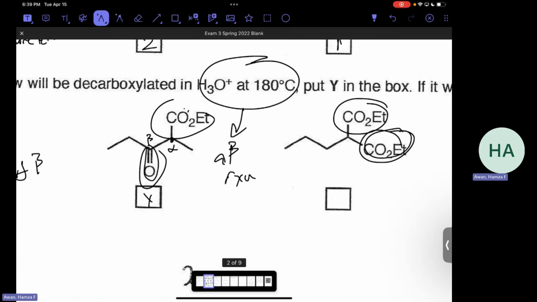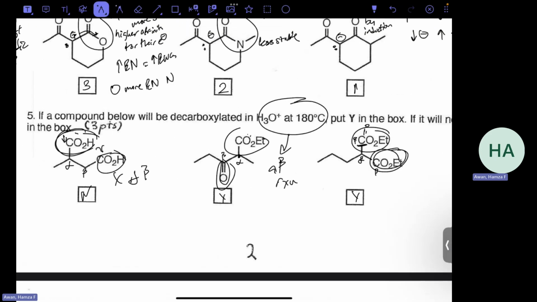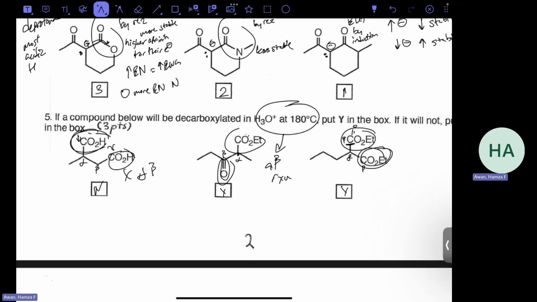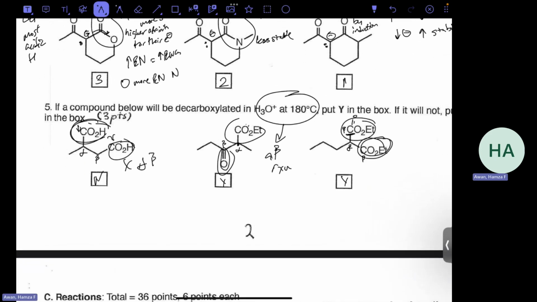We'll do alpha right here, and beta is going to be directly connected to the C that's double bonded to the oxygen. So this will also be a yes, and it'll still work the other way. If we focused on this one, we would still have alpha here, and then we would have beta right here. So it works both ways. Because of that, we have no, yes, yes. Any questions on that?